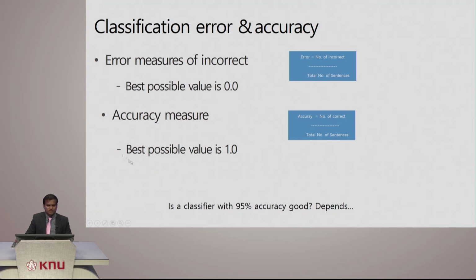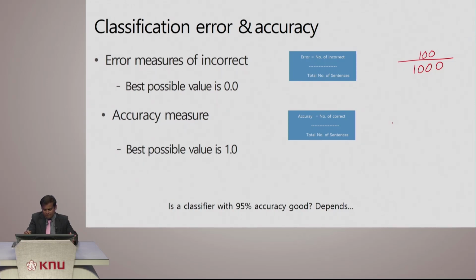So this one you want to have positive. Just for example, if the total number of sentences is say 1000 and the number of incorrect is say 100, then almost 10% of this is having error.